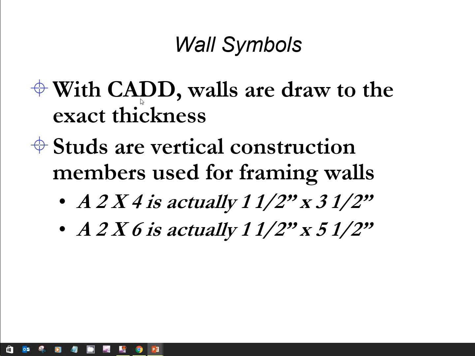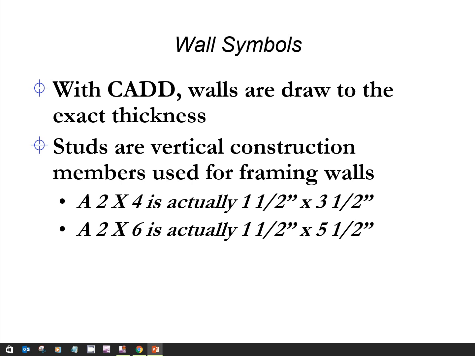The one thing to remember with CAD is we draw things exactly the size they are. Now, when we are doing the floor plan for this project, we're not going to draw the exterior wall as thick as the exterior wall actually is. One of the things you run into is the thickness of siding, and different siding types have different thicknesses.